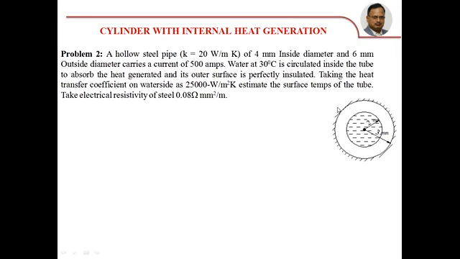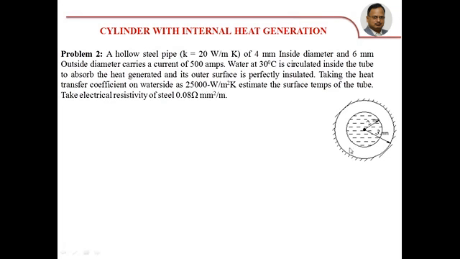Now see, the outer surface is insulated and the inner surface is exposed to a convective environment. So obviously the temperature will be maximum at the insulated surface and minimum at the exposed surface. This pipe wall is subjected to a current flow of 500 amps.